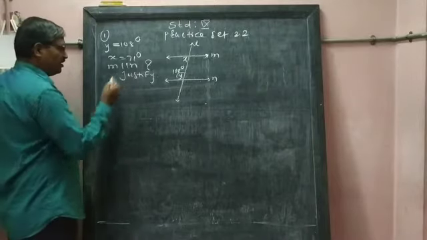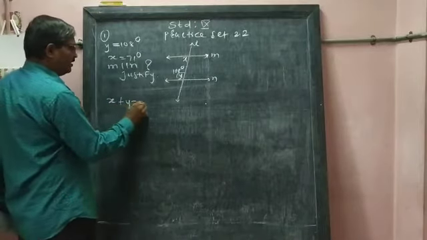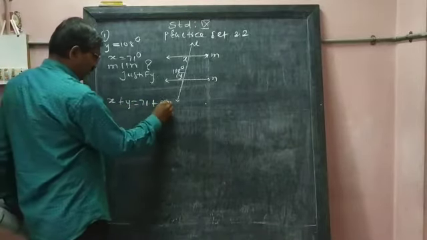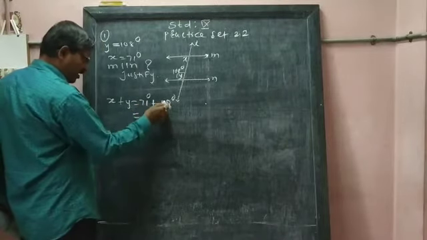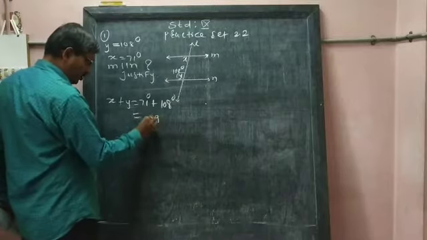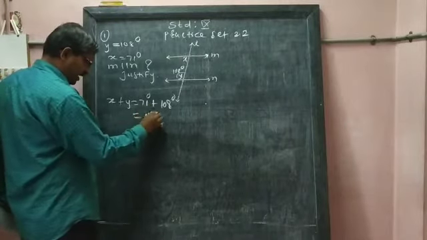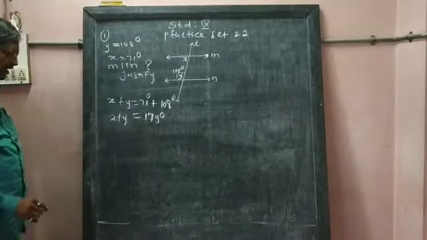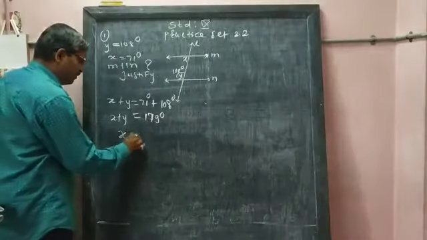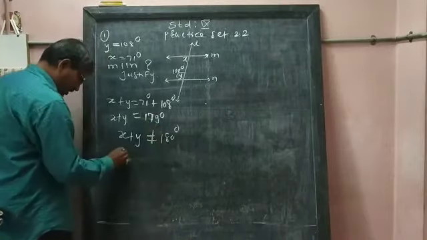Now you have to prove whether lines m and n are parallel or not. According to the given, x plus y is equal to 71 plus 108. Adding, we get 179. So x plus y is equal to 179, which means x plus y is not equal to 180.